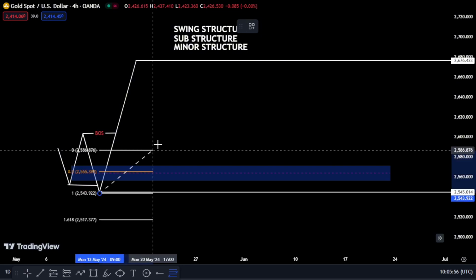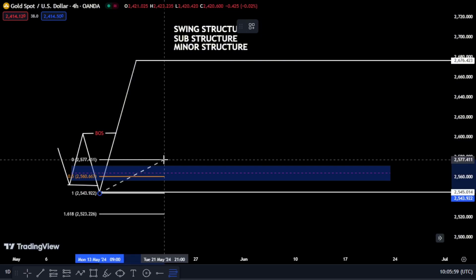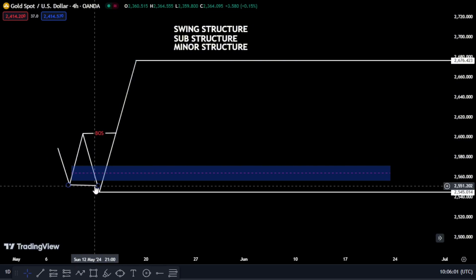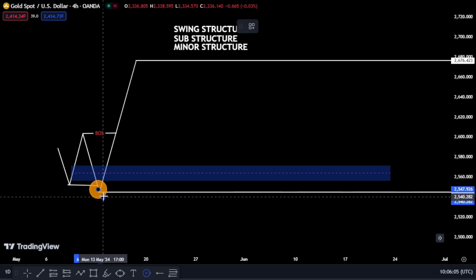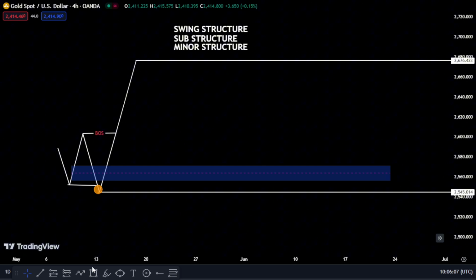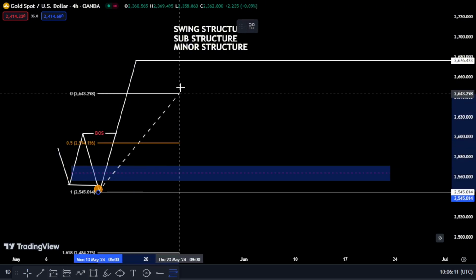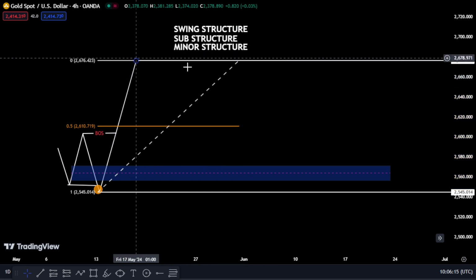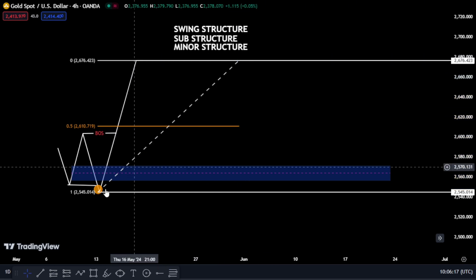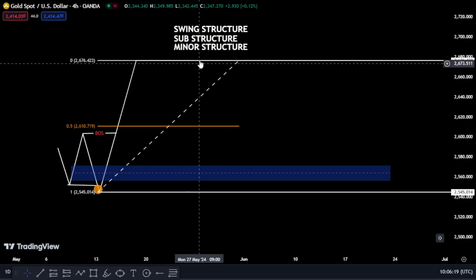So the Fibonacci from the swing low, that's the low where there was a sweep that caused the sweep of liquidity. This low, that's the swing low. You pick your Fibonacci tool from that swing low to the high. The high, that's the highest point where the market got to. That's your protected high. You take your Fibonacci tool from there to there.